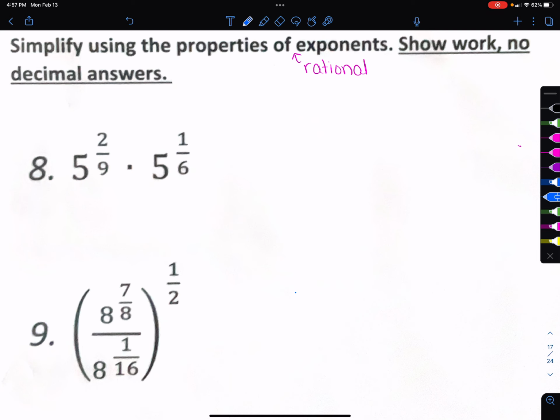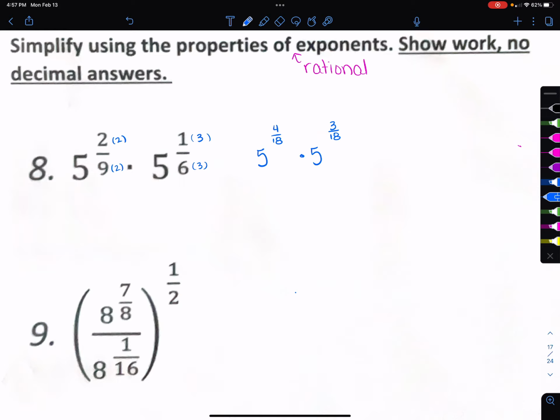So can I make 6 into 9? Well, nope, I can't. But can I make 6 into 18 when I double 9? Yep, 6 times 3, 1 times 3. I also have to make this one 18, so I'm going to multiply it times 2 and times 2. So I'm going to have 5 to the 4 over 18 power times 5 to the 3/18 power.